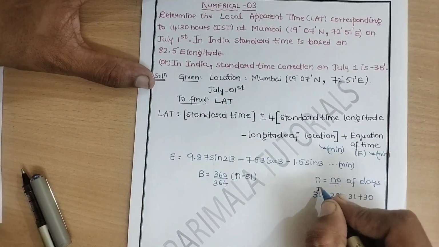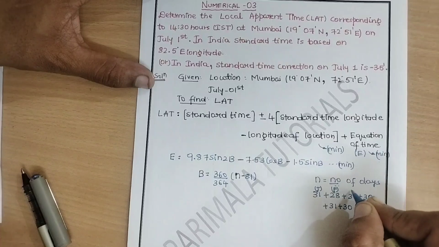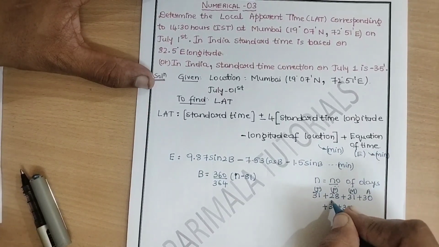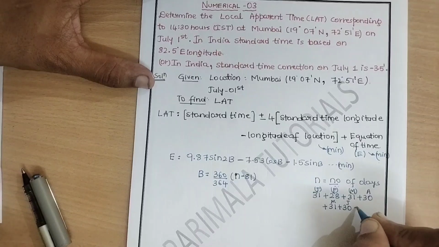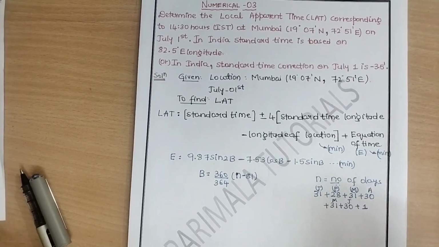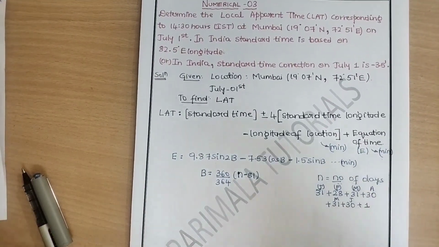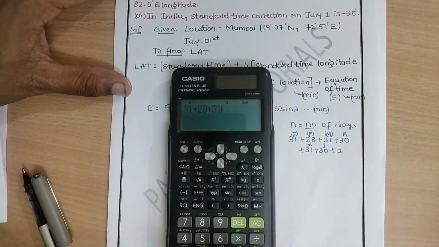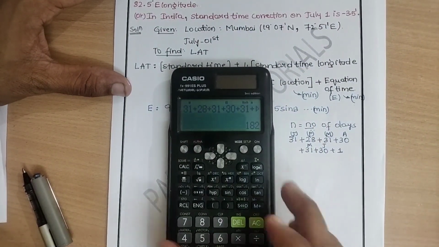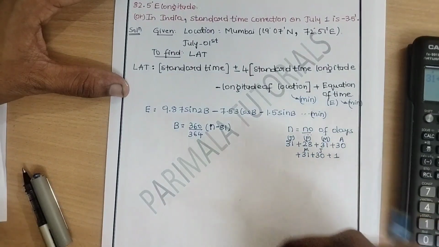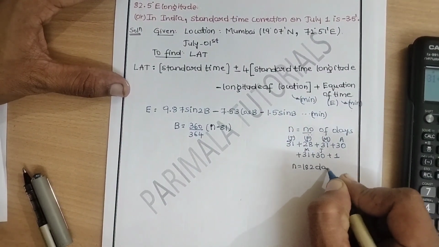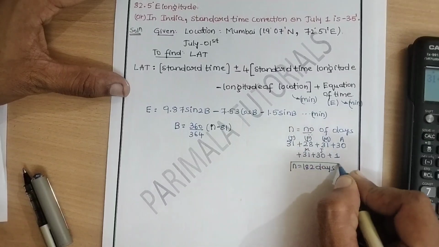This is January, this is February, this is March, this is April, this is May, this is June, plus 1 day of July we are supposed to add. What happens if we add all the values? We get n equal to 182 days, the first step in the solution.